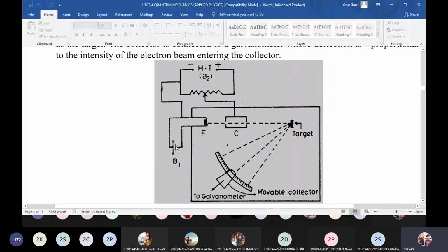The filament with the electron gun, this is the filament, and the target, T. This is the passage of the electrons between the filament and the target. These three lines are the scattered electron directions. Next, to observe and collect the scattered electrons, there is a movable collector which is connected to the galvanometer.